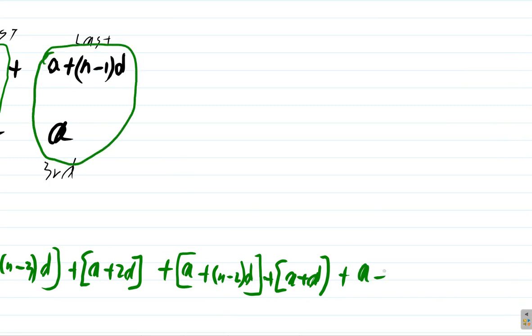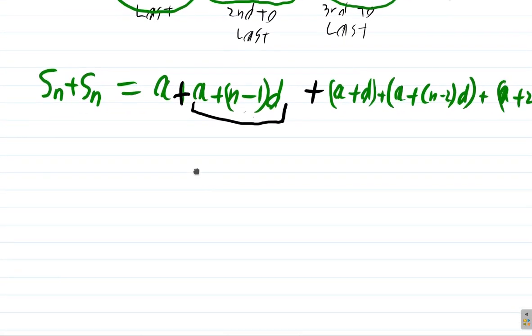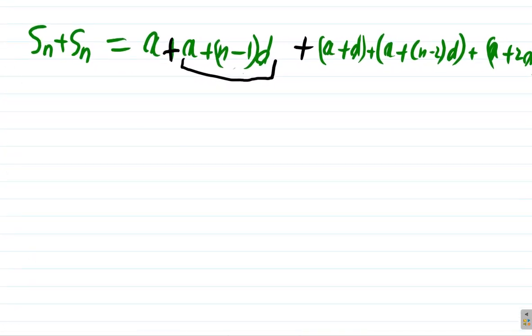So we have a plus n minus 1 d plus a. Now let's simplify what we have. Sn plus Sn is 2 times Sn, right? Equal. A plus a is going to be 2a plus n minus 1 d. Plus now.